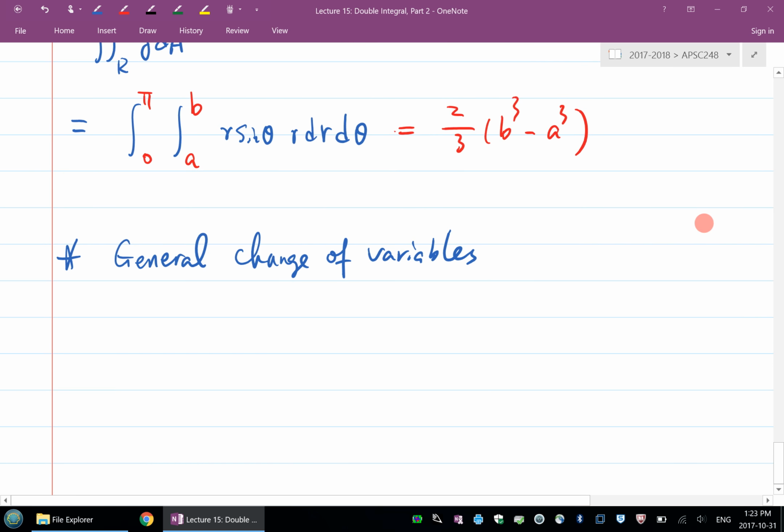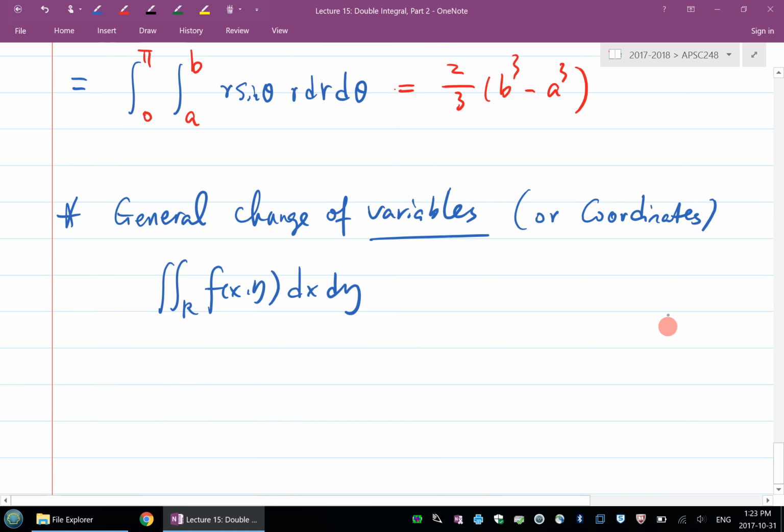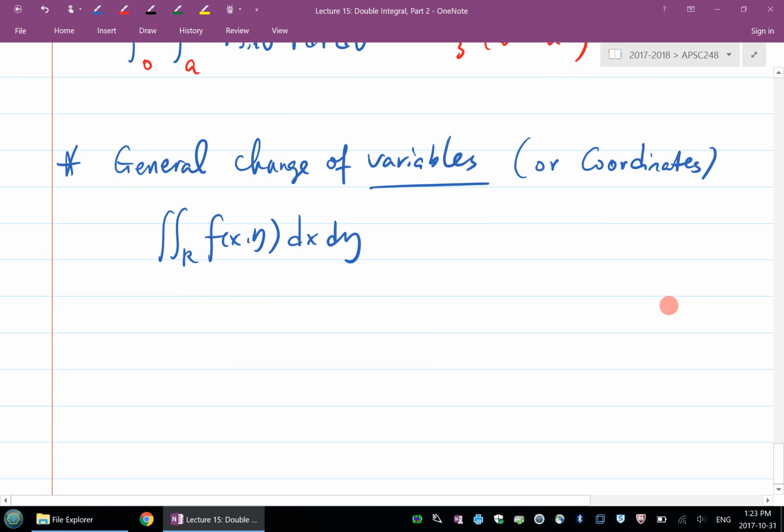Sometimes instead of saying change of variables, you could also say change of coordinates. So I'm going to rewrite this double integral again. This is your starting point: integration of this function over the region R with respect to the x and y coordinates.